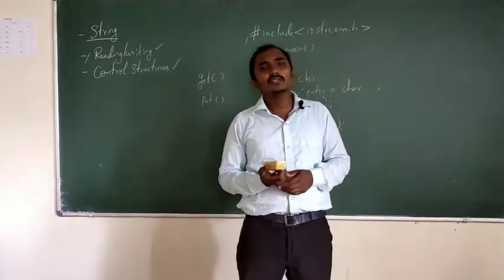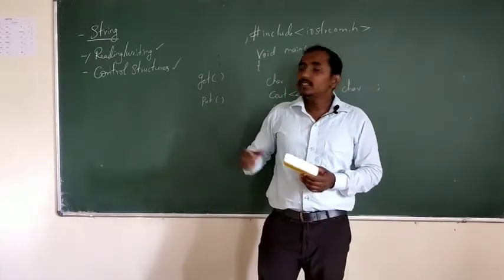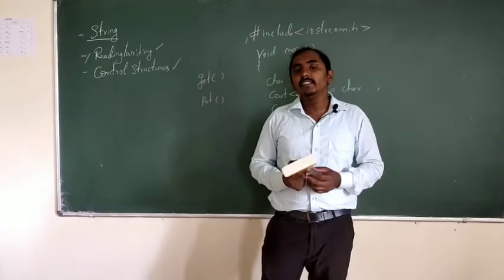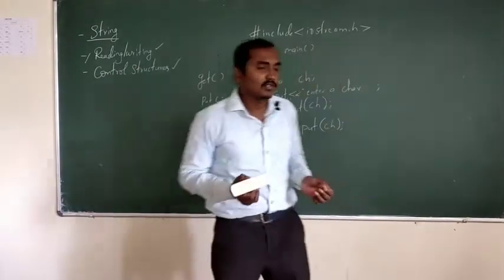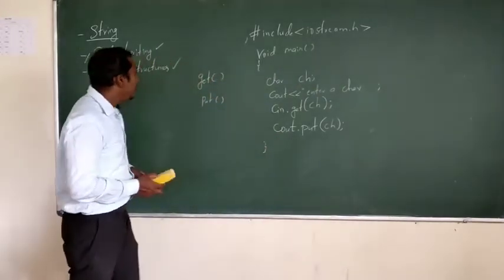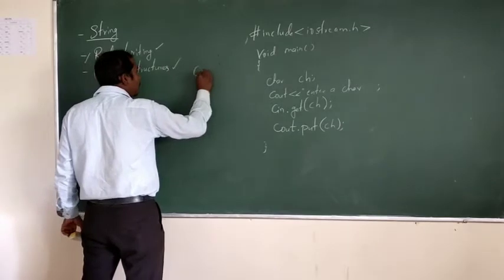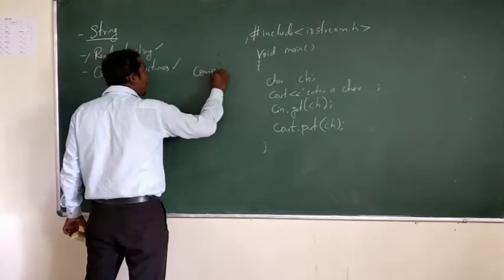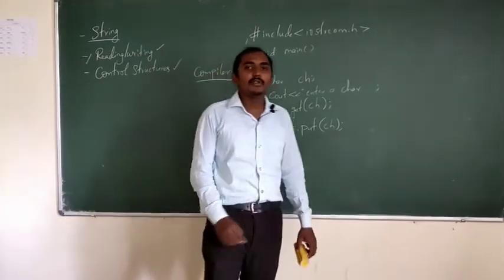While coming to control structures, I am not going to explain in detail, because you have already studied this topic in your C programming. Control structure mainly, as you know, you have the compiler. The compiler is responsible for execution of your program.